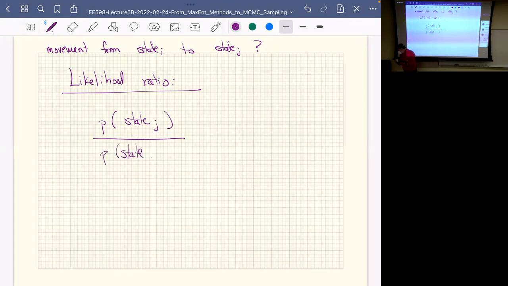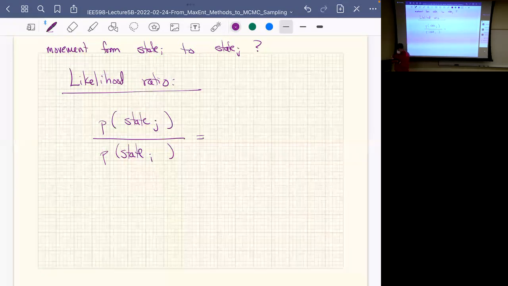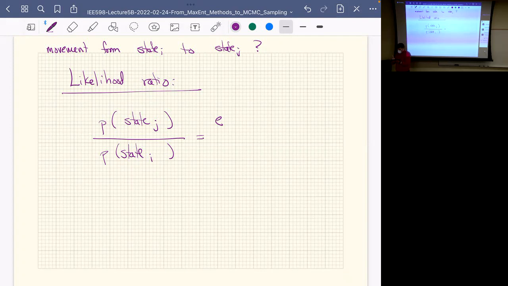It is just going to be the ratio of those two numerators, because the denominators all cancel, since it's just normalizing across all the states. So this whole thing is just going to end up being e to the negative delta ji divided by kT, where delta ji is just equal to Ej minus Ei.